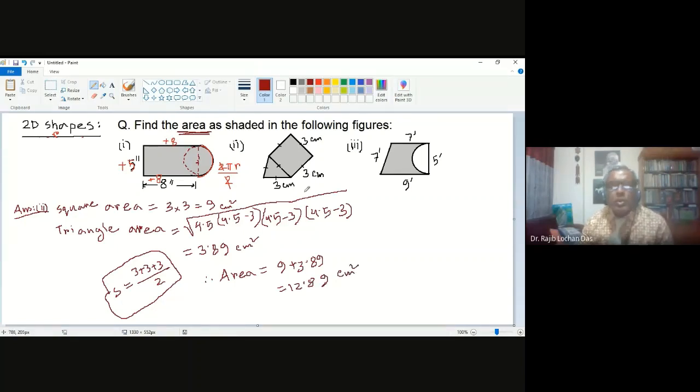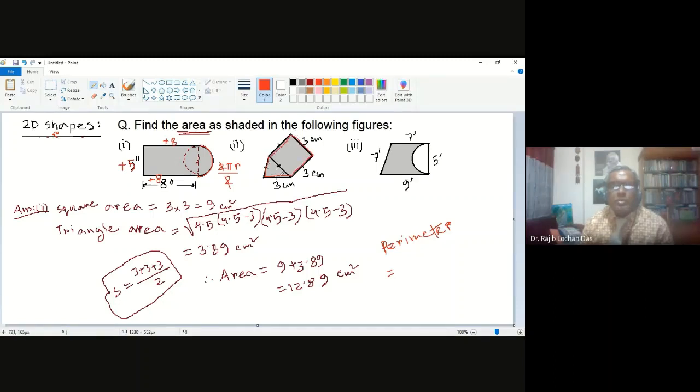Finish. What will be the perimeter of this case? The perimeter in this case will be just the boundary line. So there is no formula. So what to do? You will add this 3 plus another 3 plus another 3 plus another 3 plus another 3.